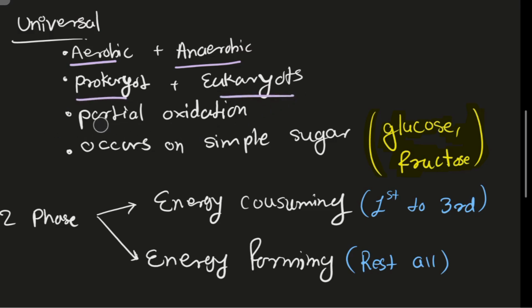It is a partial oxidation of glucose and occurs on simple sugars only, that means glucose and fructose. We cannot proceed with the glycolysis process with sucrose or starch, those are complex sugars. We need to proceed with simple sugars.